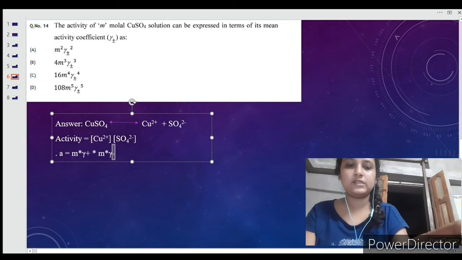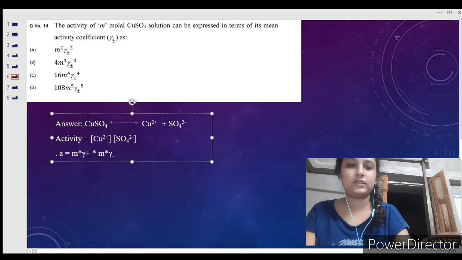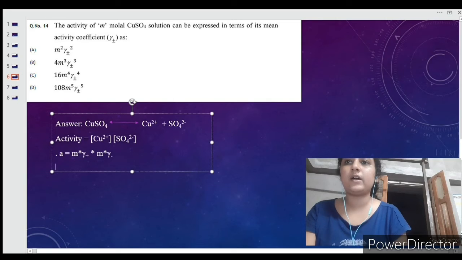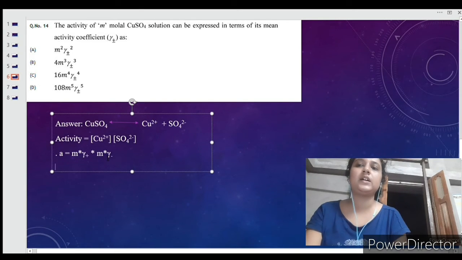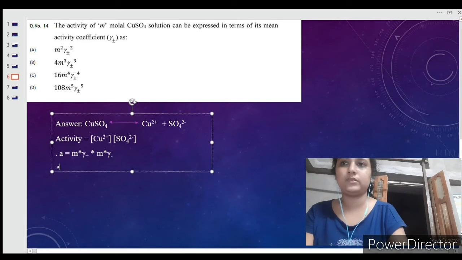So this is the activity. Now the question is to express the activity in terms of the mean activity coefficient, gamma plus minus. So gamma plus into gamma minus can be expressed as gamma plus minus squared. You all know that. This is very simple.